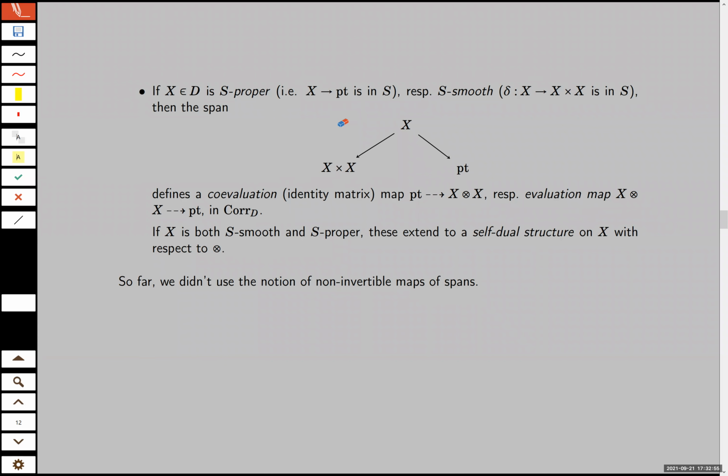So that's only used so far the notion of the infinity one category or the 2-1 category of spans. We didn't use any non-invertible maps to get all this.